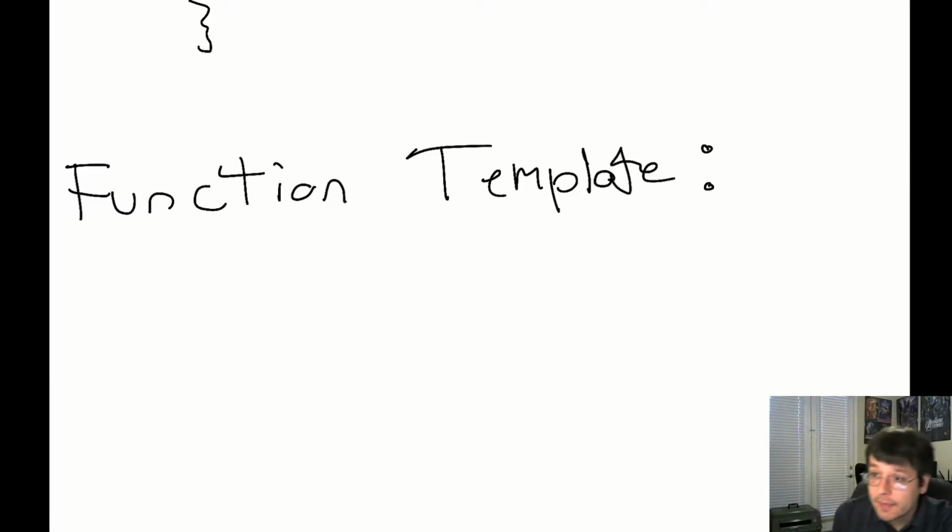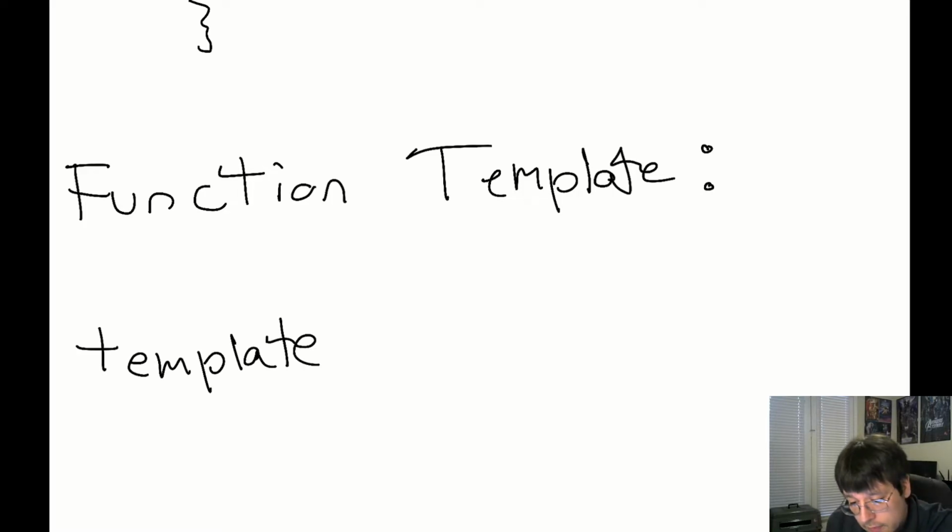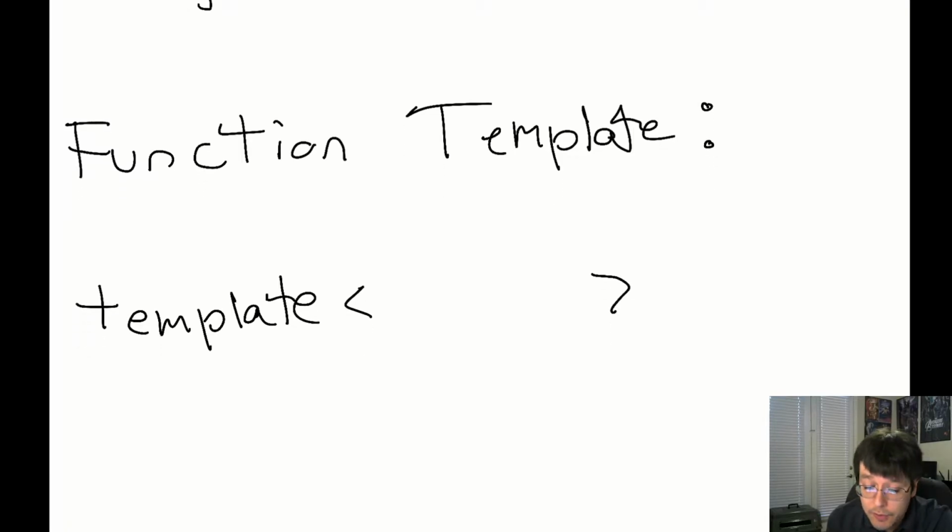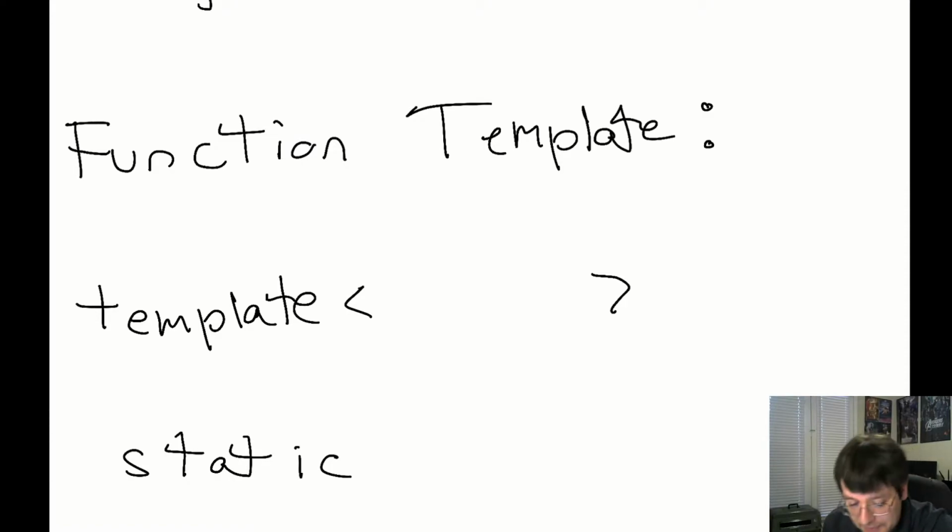All right. So function template. You're going to write this word template, then you're going to write the less than and greater than sign. And you've seen this before when you were doing your casting. If you recall casting, the reason why casting works like this is because they are templates.